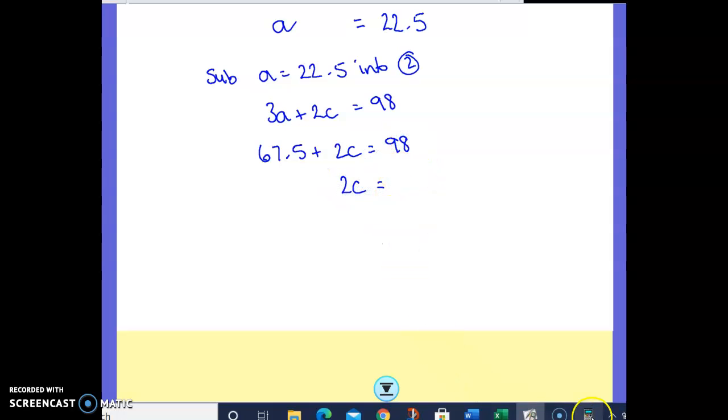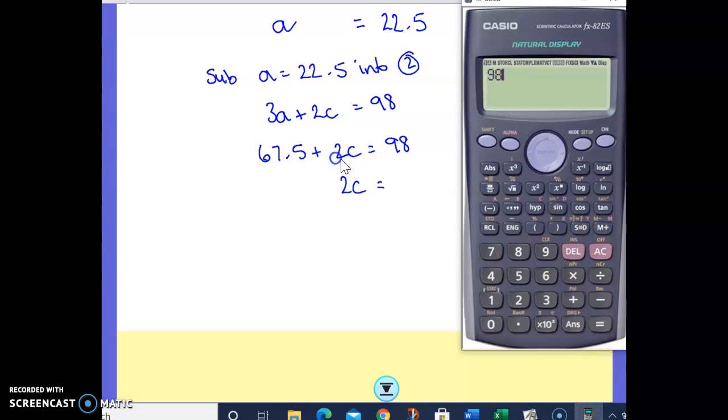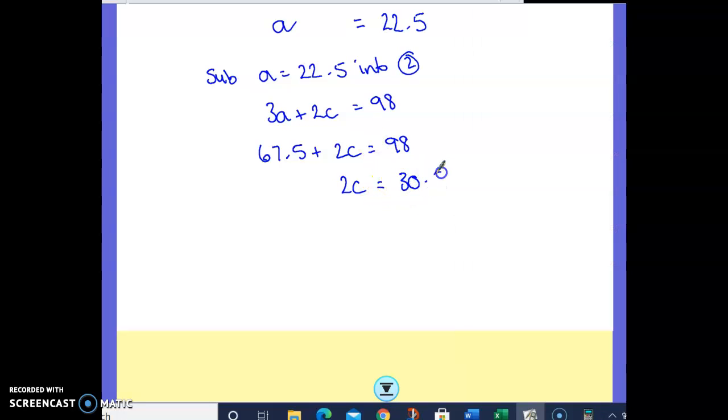2C is equal to 98 minus 67.50, which is £30.50. 30.5, that's for 2C. I just want 1C, so that would be 15.25. And then we remember to answer the question.